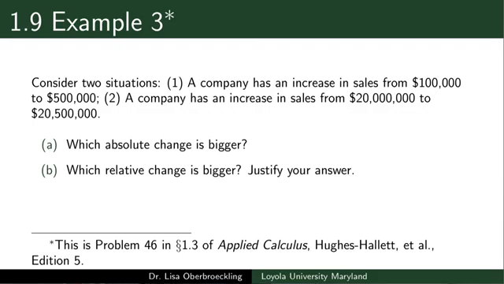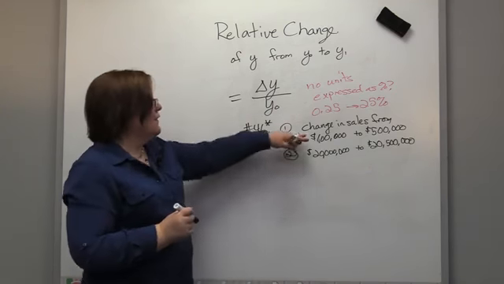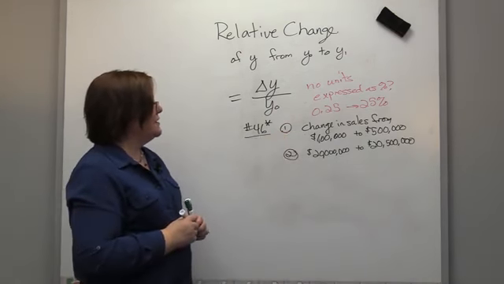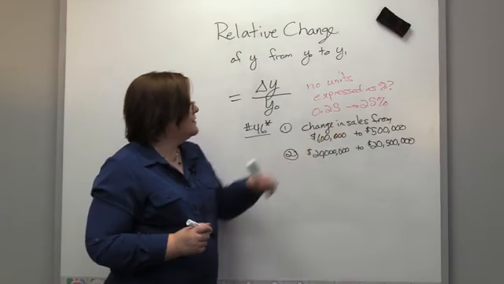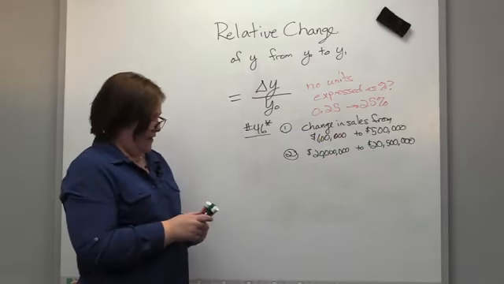And we have a change in sales from 20 million to 20,500,000. And I'm going to put an asterisk here because I'm going to adjust what the problem is asking. Those two situations, we have a change in sales from 100,000 to 500,000 or 20 million to 20,500,000.